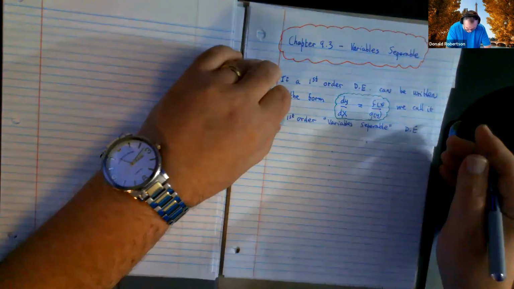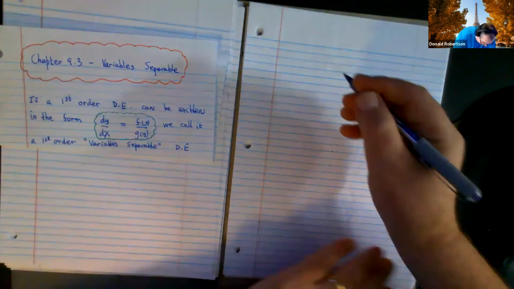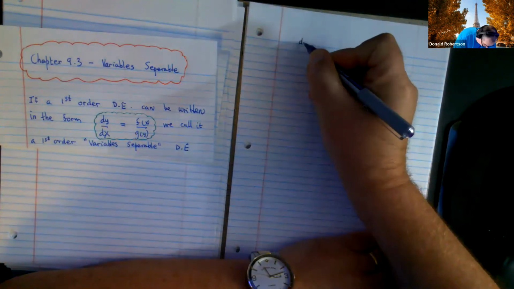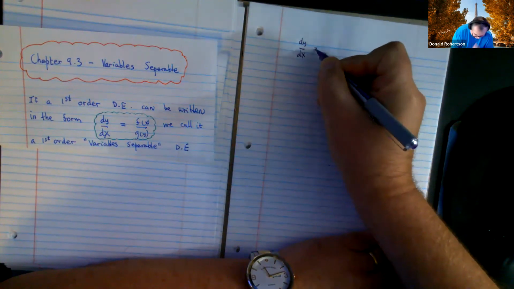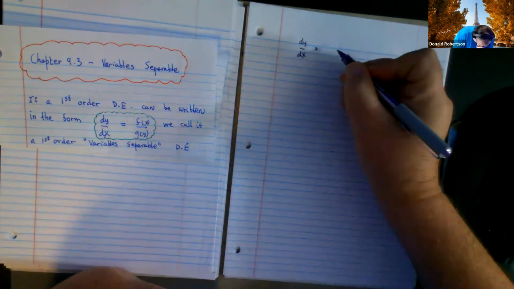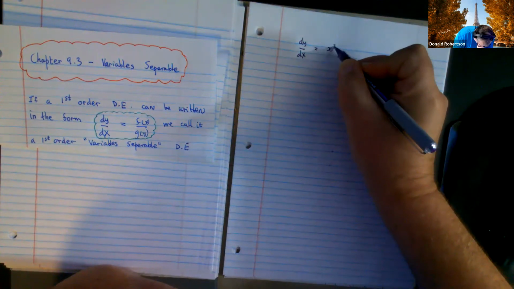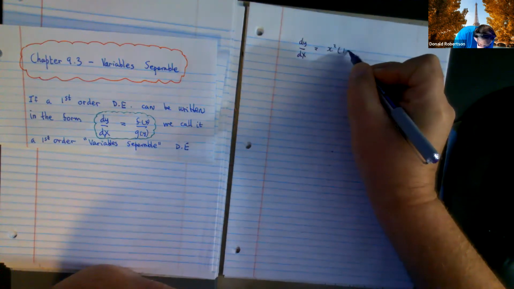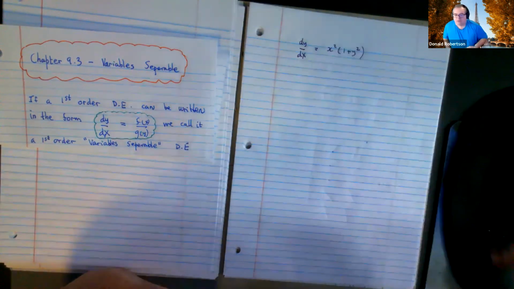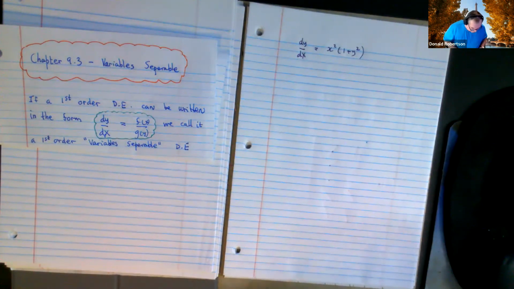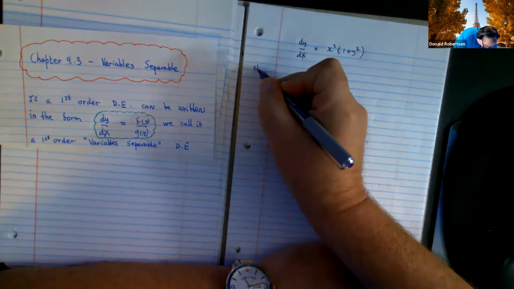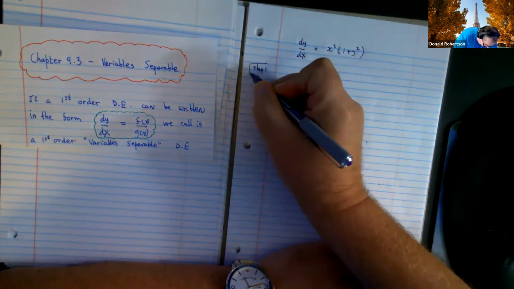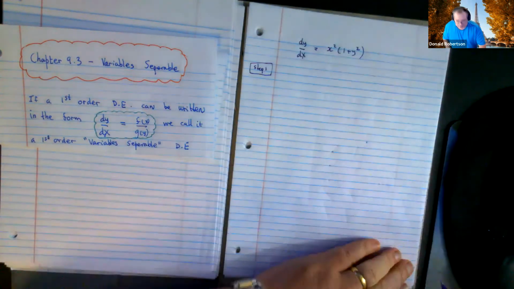So let me show you an example of that type of equation. Now, what I'm going to do here is go through the key stages, the key steps in solving them.